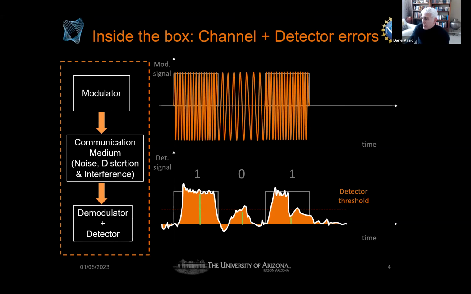Because the sample at the third bit is lower than the threshold, the detector produces as an output 0, which is of course an error. Therefore, we transmitted 3 bits, and the third bit is received in error.